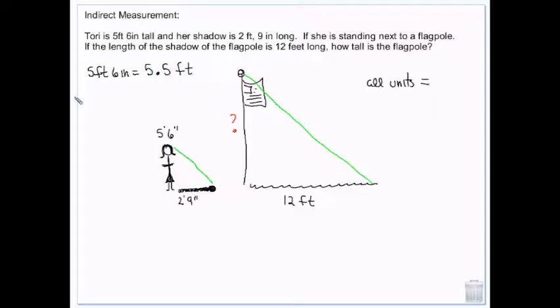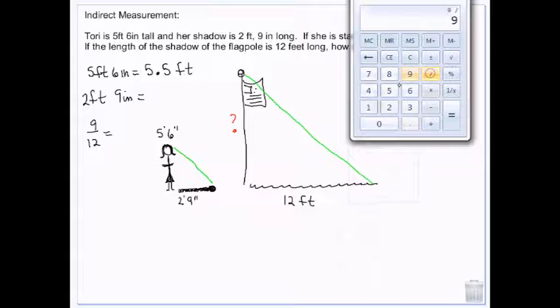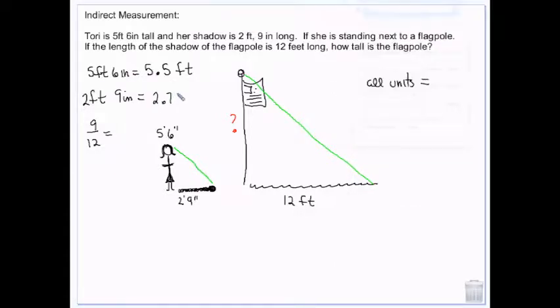That one's relatively simple. 2 feet 9 inches, now this one I'm going to have to figure out. To do that, I'm going to divide 9 by 12 to get my decimal part. 0.75, so that's 2.75 feet. Okay, so now we're in all feet and we're good.